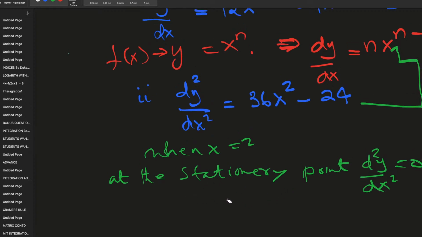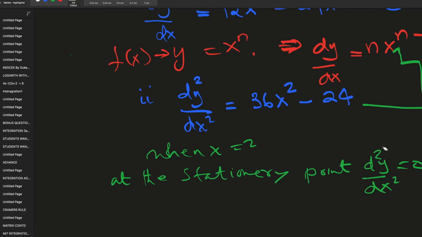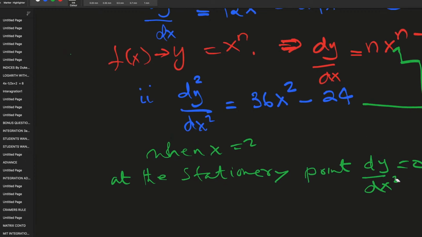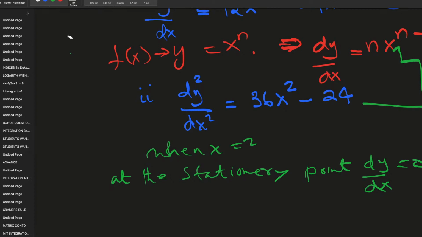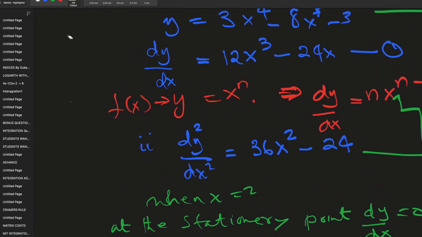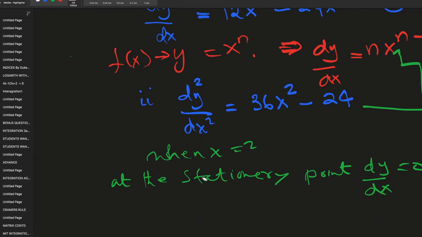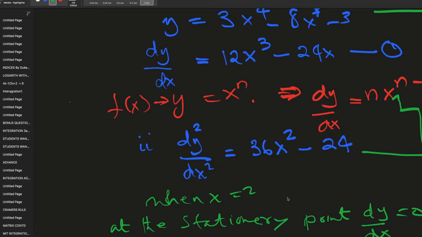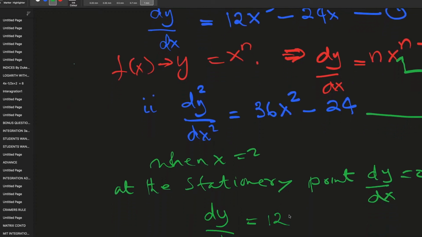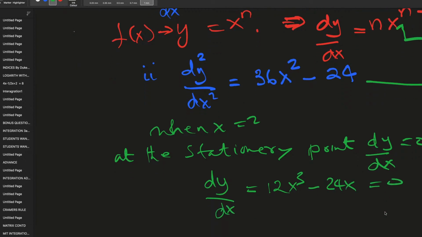Okay, so that means the first derivative dy/dx is equal to 0. At the turning point dy/dx must be equal to 0. And our first derivative was 12x cubed minus 24x squared equals 0.